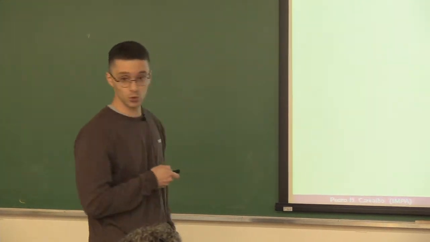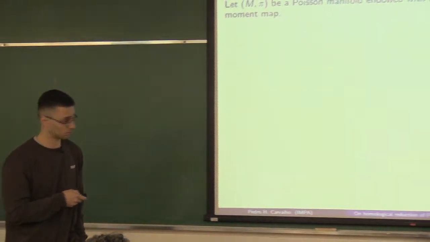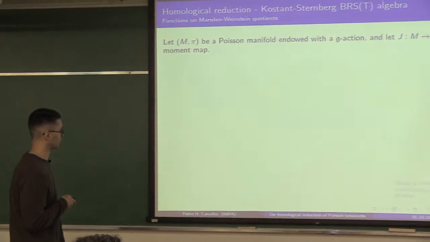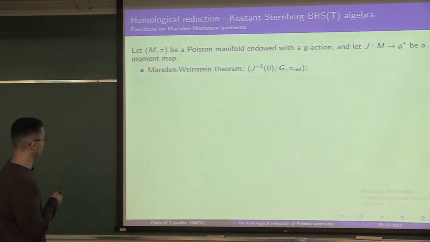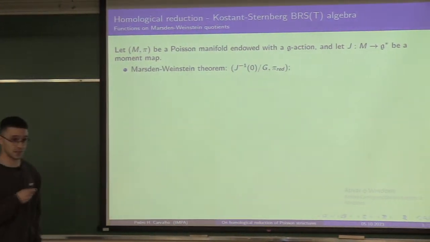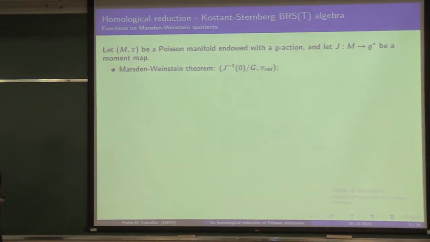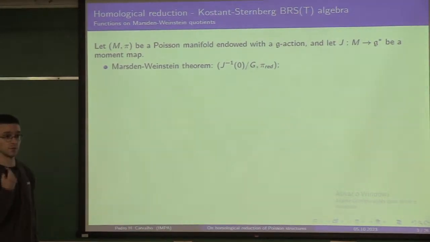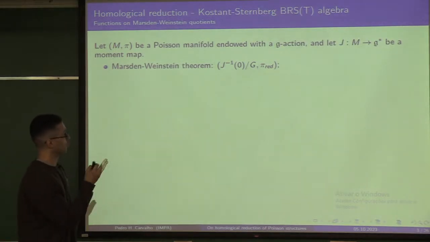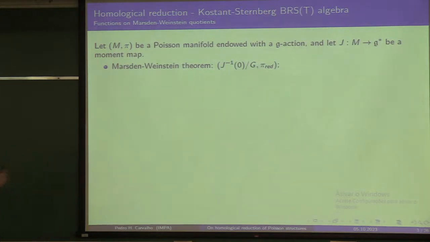We start with the usual Hamiltonian reduction data with a G action and a moment map. You know the Marsden-Weinstein theorem, that we have this other Poisson manifold, right? You look at the constraint submanifold given by taking the pre-image of zero, and you mod out by G, and you have the reduced space.